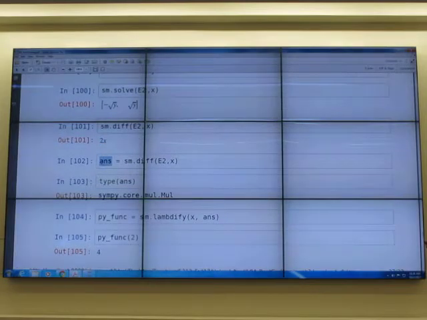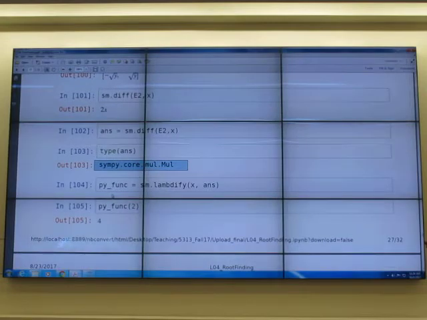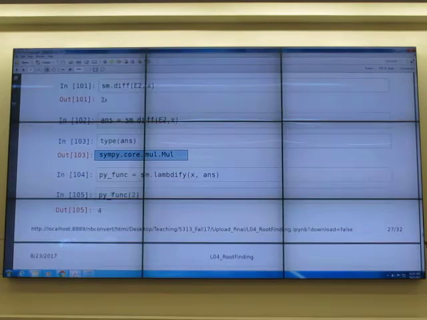The answer is the differentiation answer. Its type is not float, not character, not string. It's the Sympy core mul type.